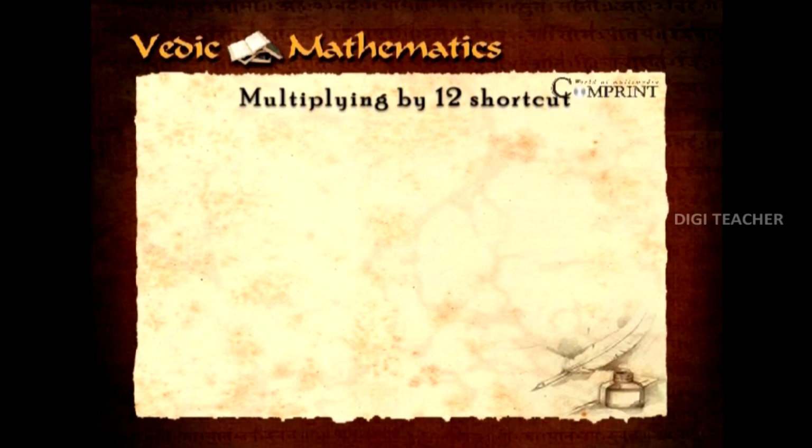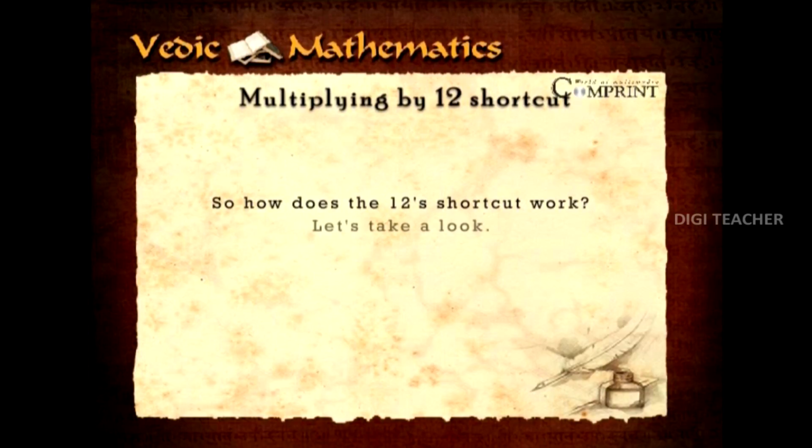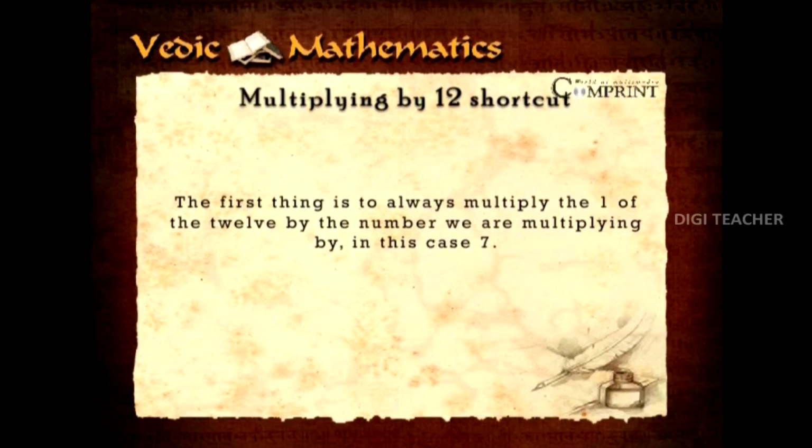Multiplying by 12 shortcut. So how does the 12 shortcut work? Let's take a look. 12 multiplied by 7. The first thing is to always multiply the 1 of the 12 by the number we are multiplying by, in this case 7. So 1 multiplied by 7 equals 7.